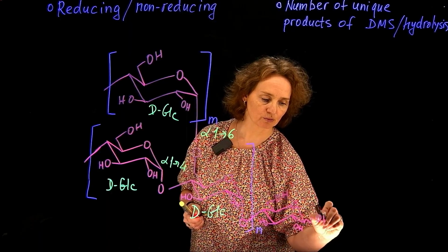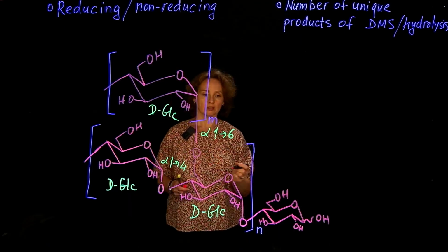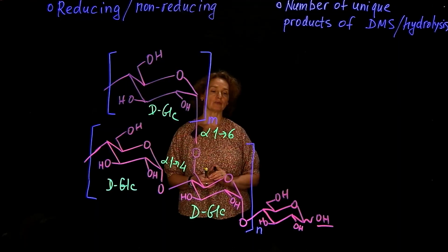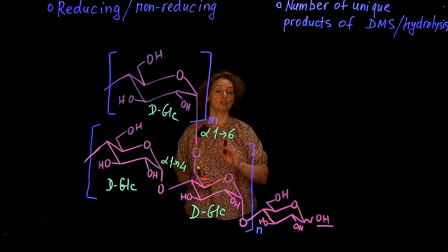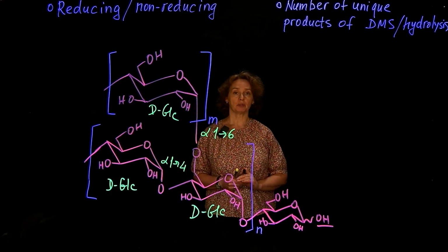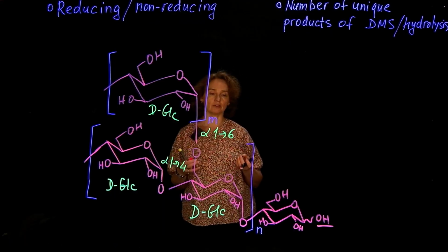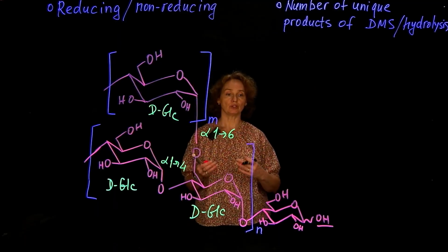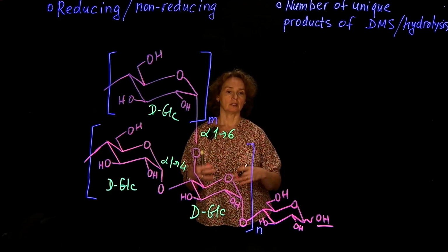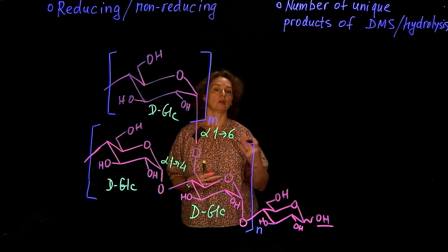And here, of course, we may have a mutarotation. Because you see here, this OH group is not involved in the formation of the glycosidic bond, this sugar will be reducing because that particular unit can undergo mutarotation and become, in some very tiny amount, acyclic with an aldehyde group, and therefore it will be able to reduce, for example, copper 2 plus into copper plus, or silver plus into metallic silver.